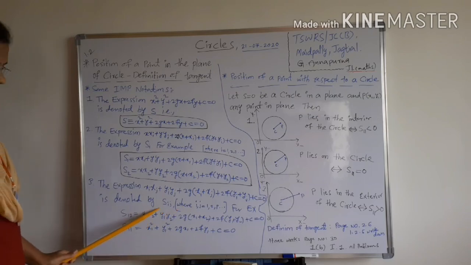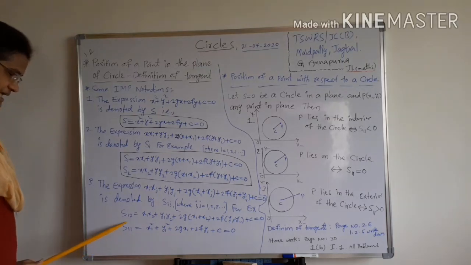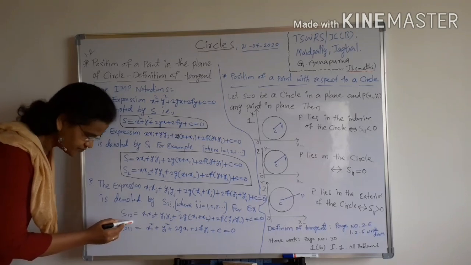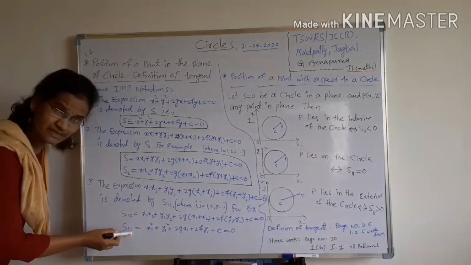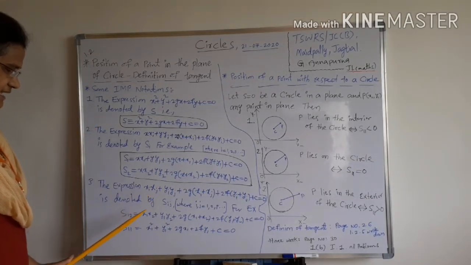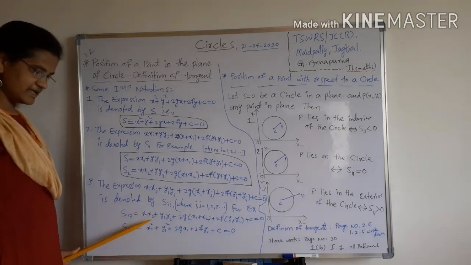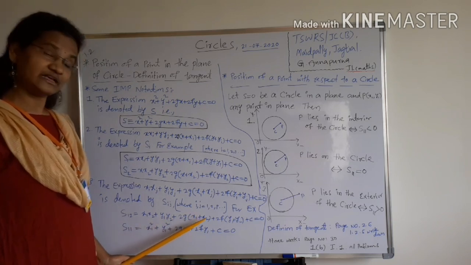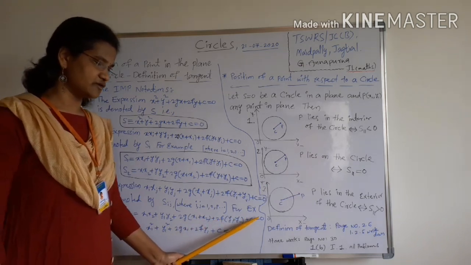For example, if we want to write S12, that means i is 1, j is 2: x1 x2 plus y1 y2 plus 2g of (x1 plus x2), 2f of (y1 plus y2) plus c is equal to 0.